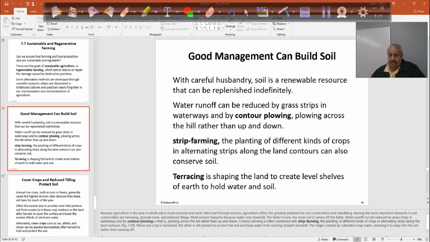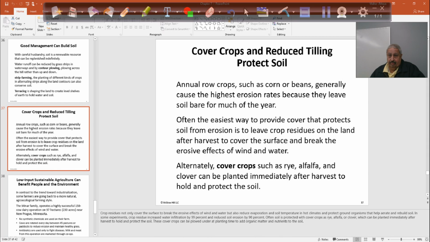And the third one is to have really close management of those toxic chemicals we are putting inside the soil, not overdosing, not overusing those chemicals. That's good management too.